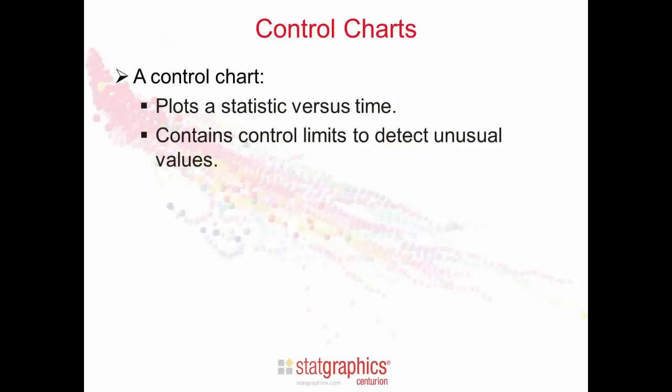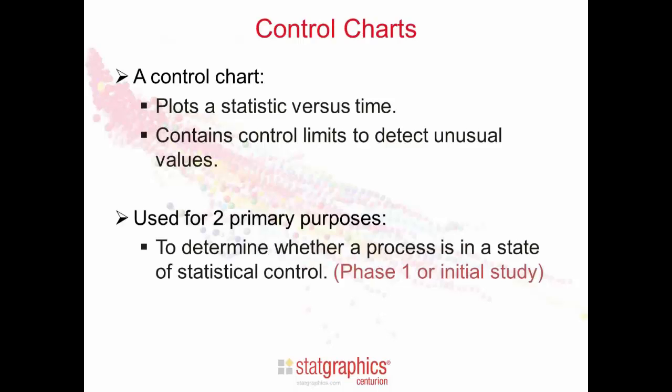The interesting aspect of a control chart that makes it different than just a simple time plot is that it also contains control limits, designed to detect unusual values. There are two primary purposes for creating control charts. The first is to determine, based upon some historical data, whether your process has been operating in a state of statistical control.